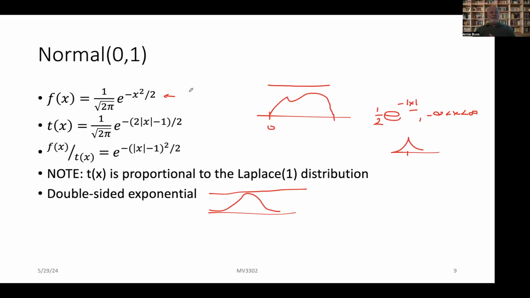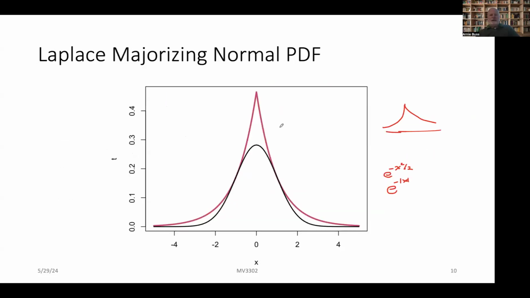Okay, now you've seen this is the normal PDF. That's the functional form, the standard normal. I won't go into the math, but you can figure out what this is, and the key is that tangent point right there.